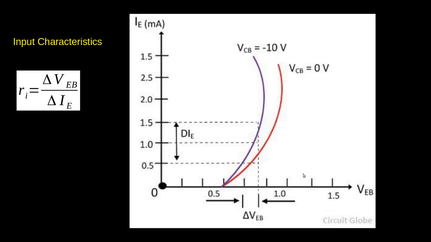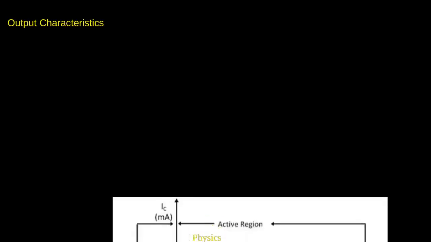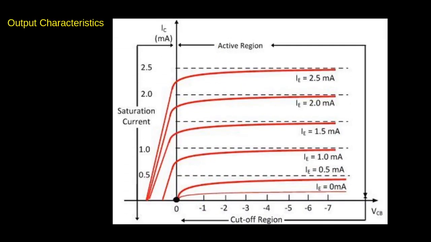Now we can study the output characteristics of common base configuration. Here is the common base curve, that is the output characteristics between collector current and collector base voltage at constant emitter current IE, and that is called the output characteristics.